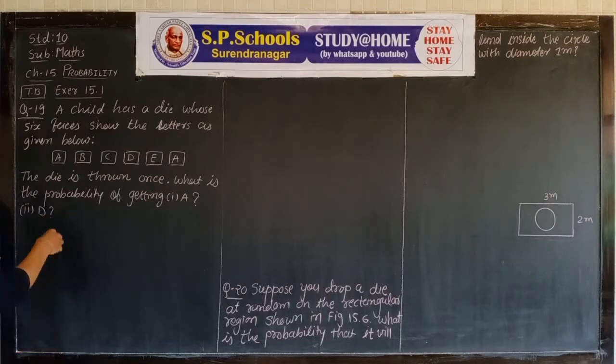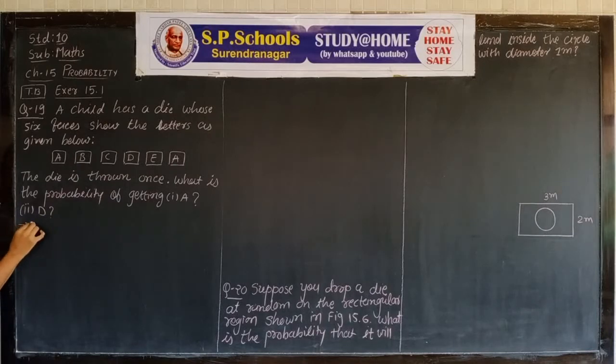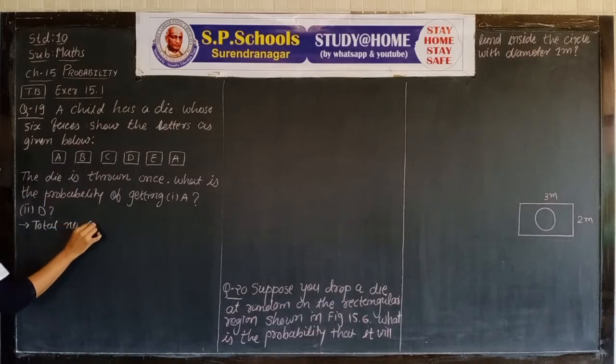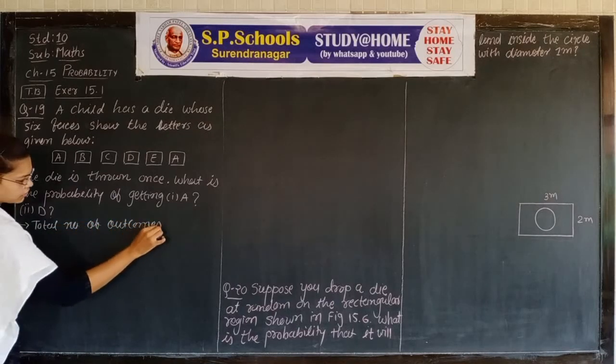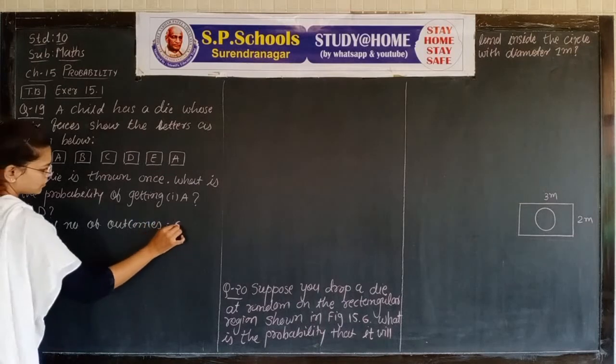First of all, a die has 6 surfaces. Let us write the total number of outcomes. Total number of outcomes is equal to 6.